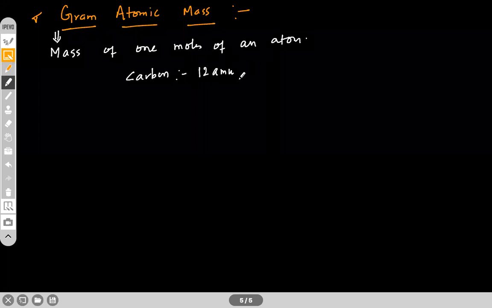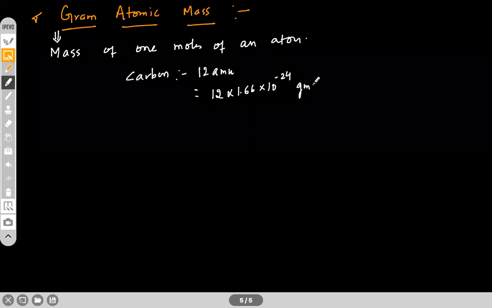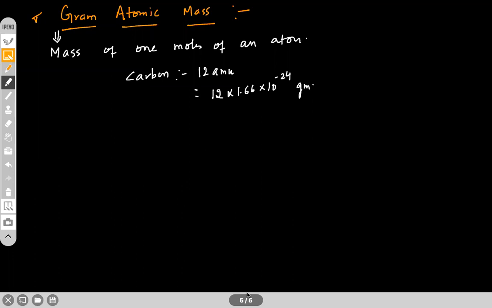Now the absolute mass of carbon: when you convert this AMU into gram, it is 1.66 into 10 to the power minus 24 gram, because 1 AMU is equal to 1.66 into 10 to the power minus 24 gram. This is the mass of one atom in gram, correct?